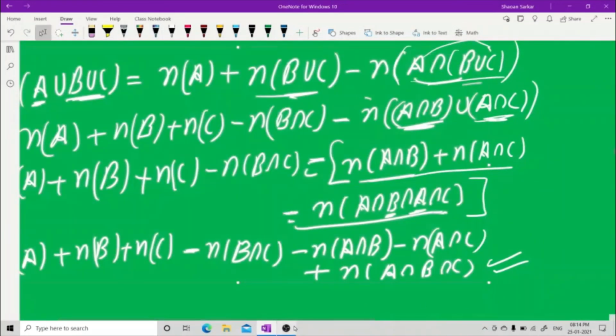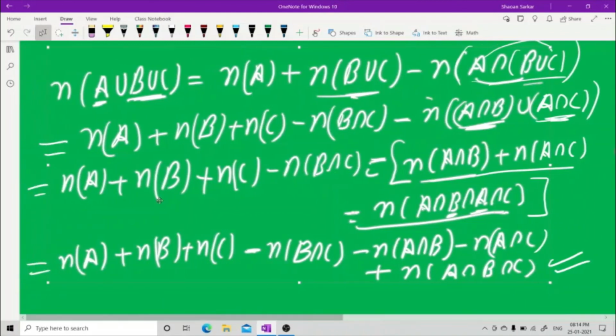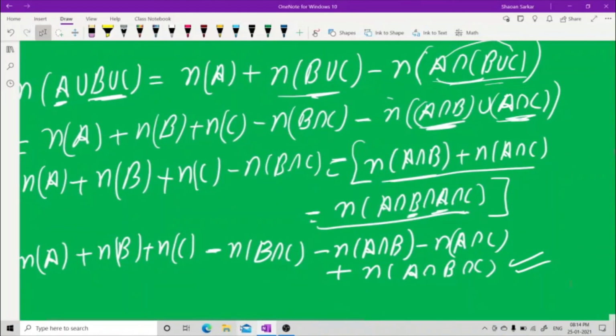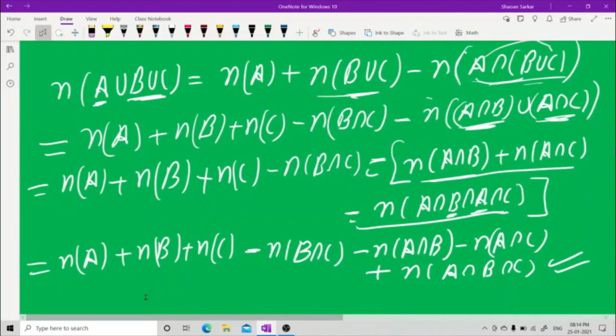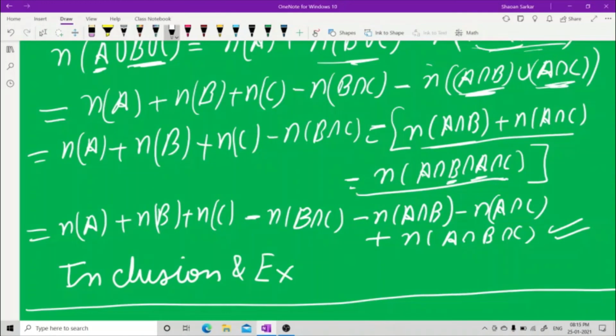That means I want to talk about this complete structure. This complete structure is known as the inclusion exclusion principle. So let me write it down for you. Inclusion and exclusion principle of sets.